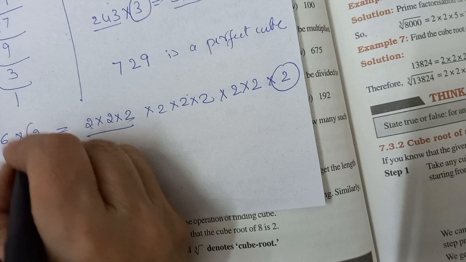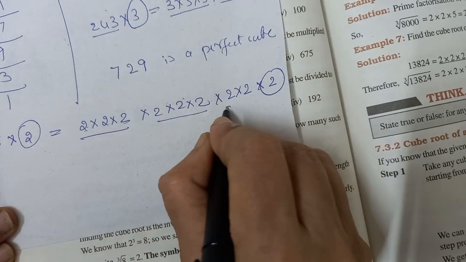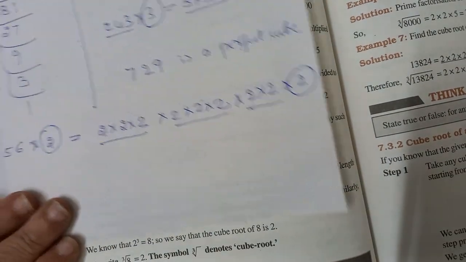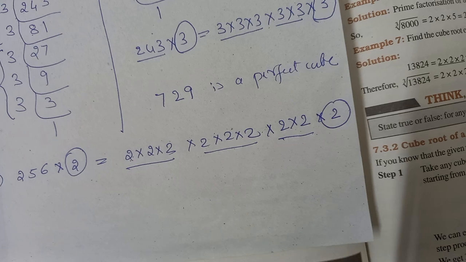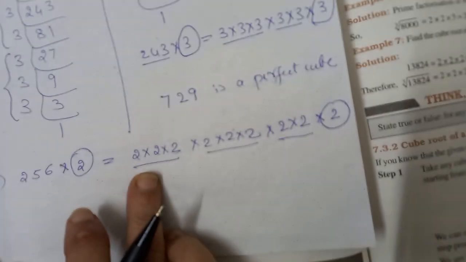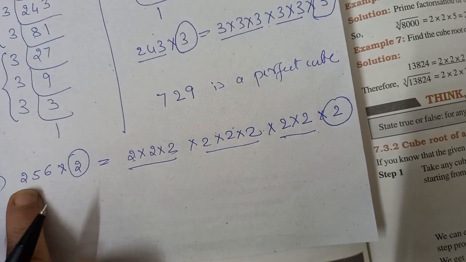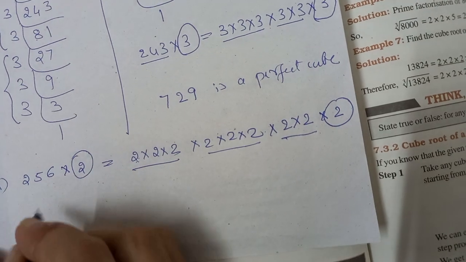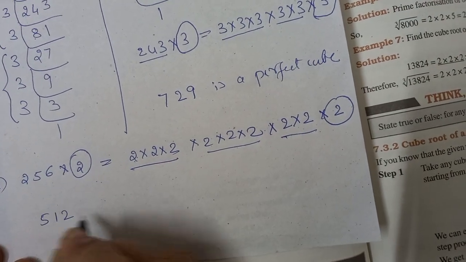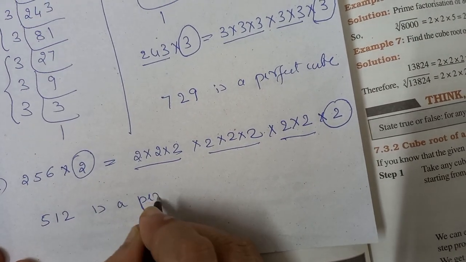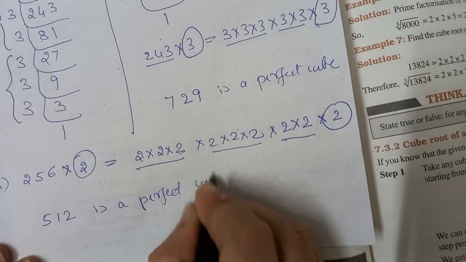So this is the smallest number we are going to multiply, so that 256 into 2 is 512, a perfect cube.